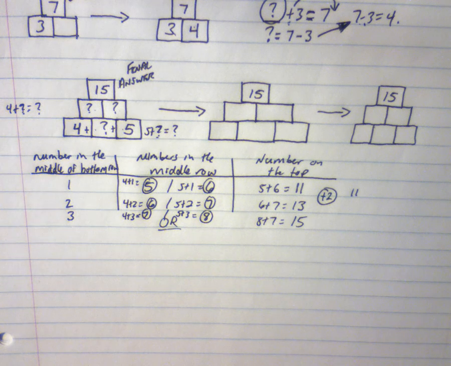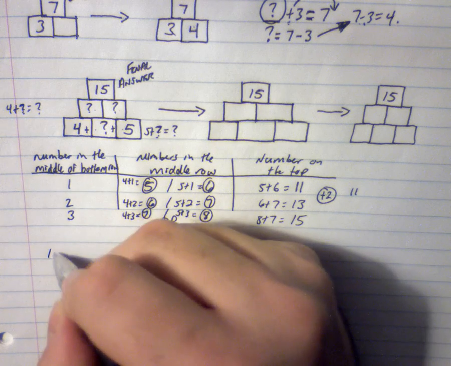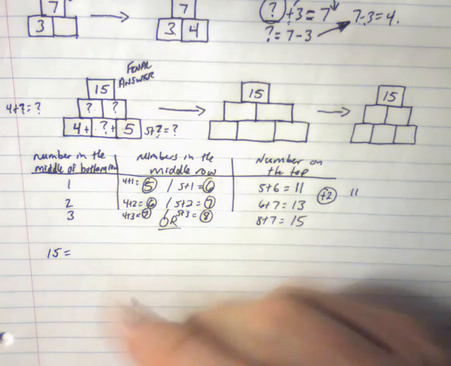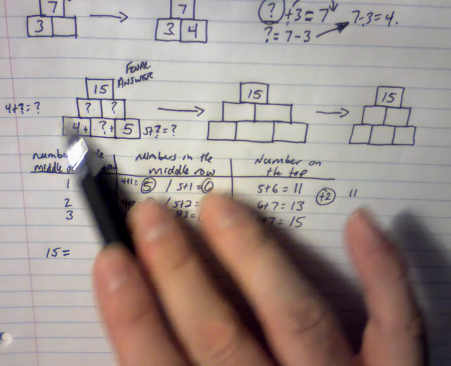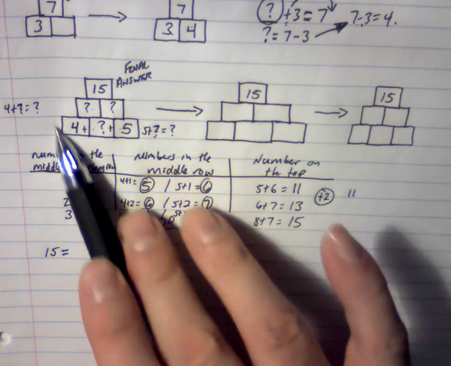Now, what I'm going to do is show you another way that we can possibly solve this. The numbers that we know are, we know that 15, which is our final answer, 15 equals, and what we're going to do is use all of these terms right here.